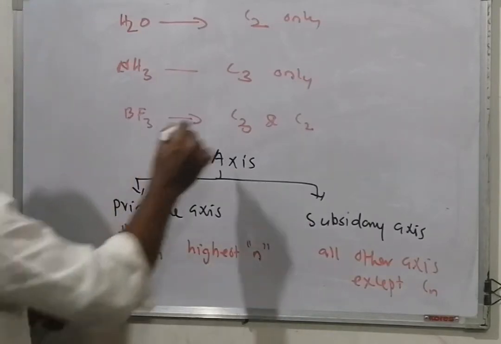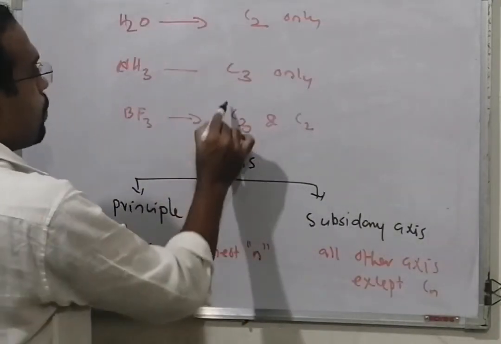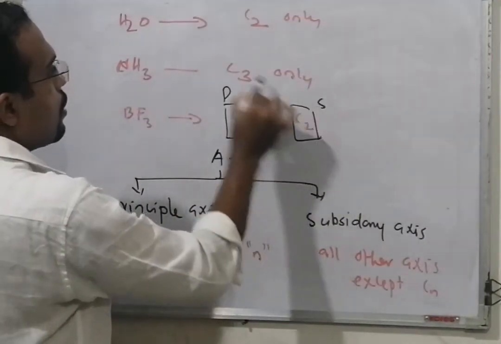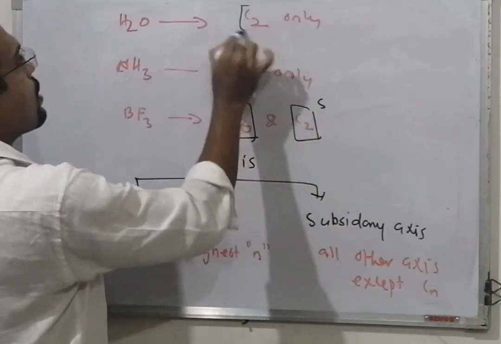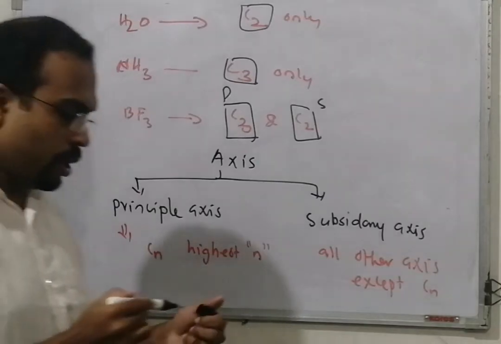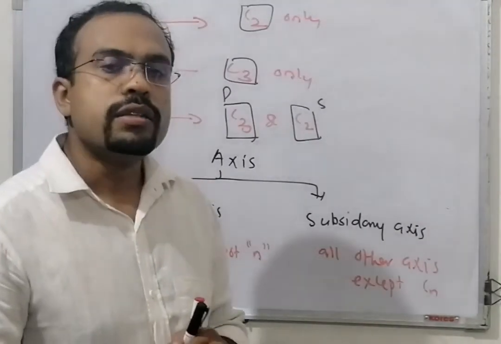Therefore, in this case, this is the principal axis and this is a subsidiary.